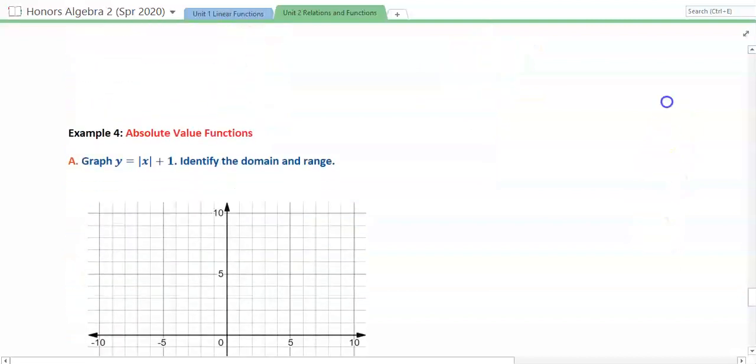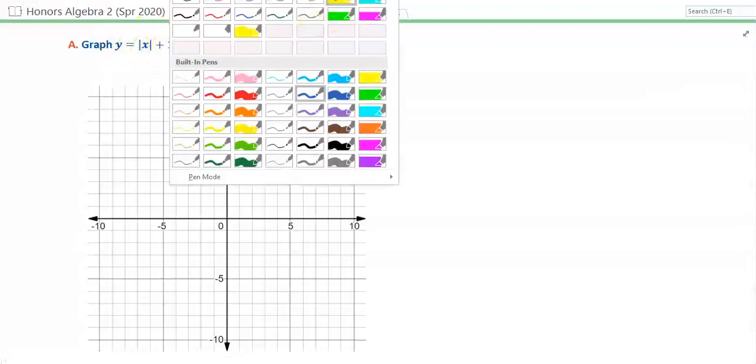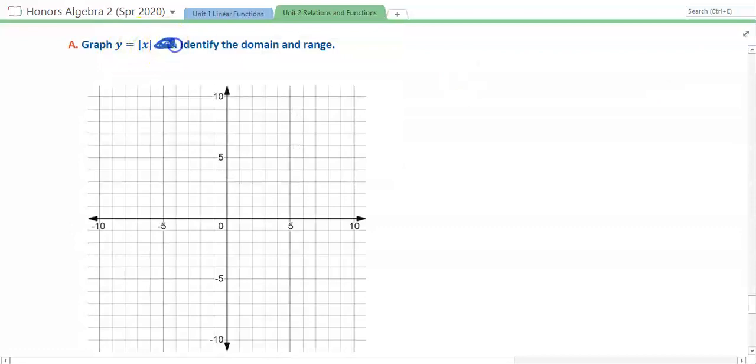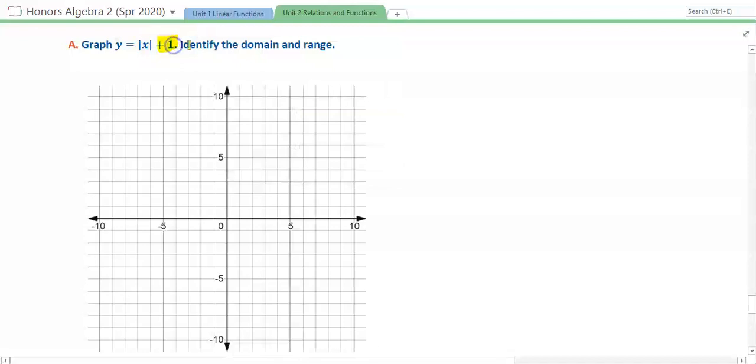And so just looking at a couple functions of absolute values here, our first one, y is equal to the absolute value of x plus 1. Go back to what we talked about yesterday. This plus 1 that's out back is going to shift this graph where? Remember, the plus 1 that's out back will shift it up.